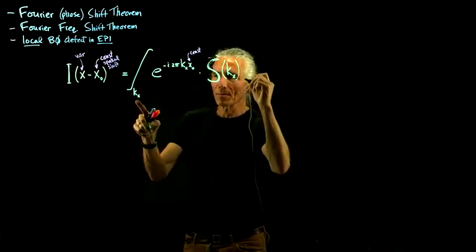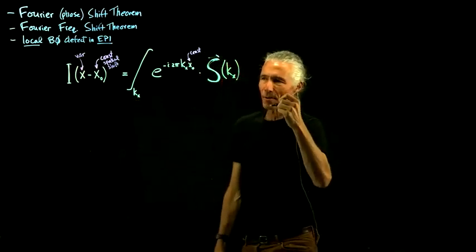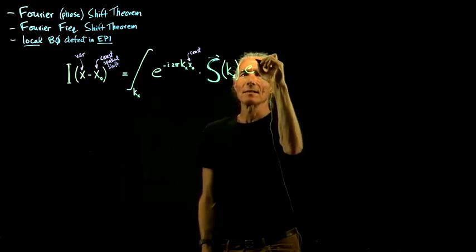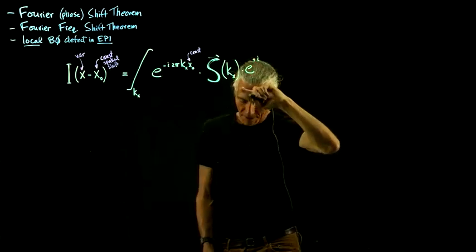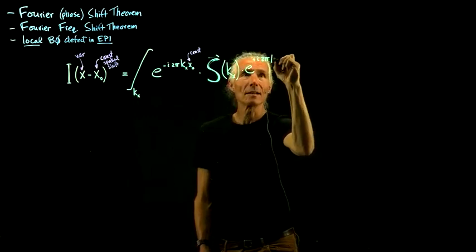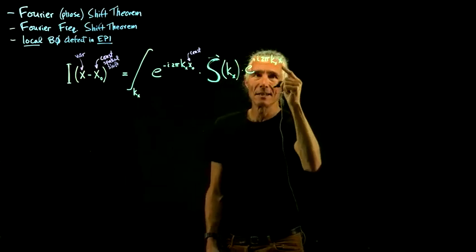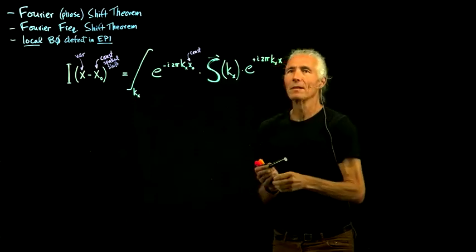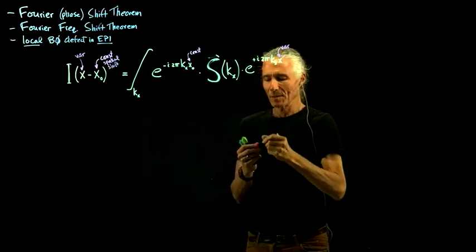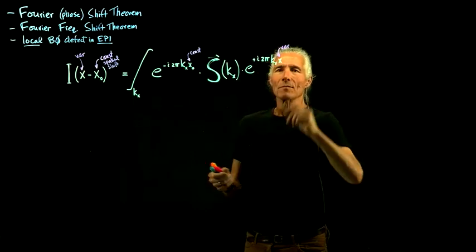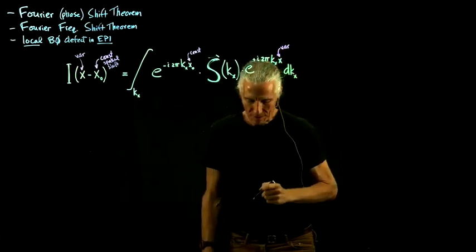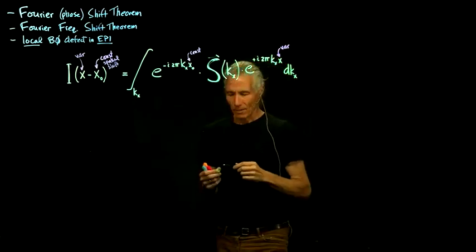And then we have our normal inverse Fourier transform, which is the same as the forward Fourier transform, except that we multiply by e to the plus i 2 pi kx x, and that x is a variable. And then we're summing across every spatial frequency.